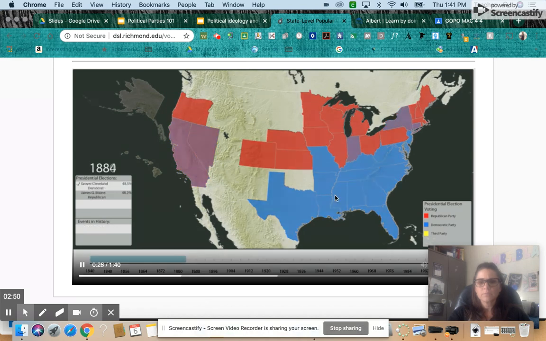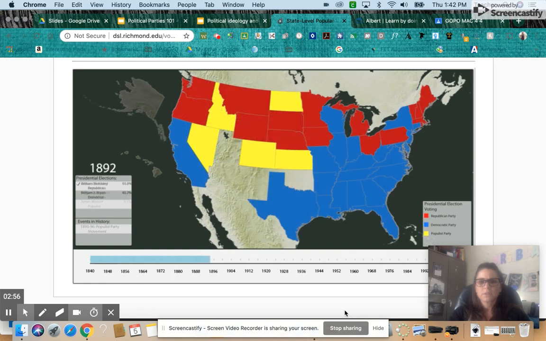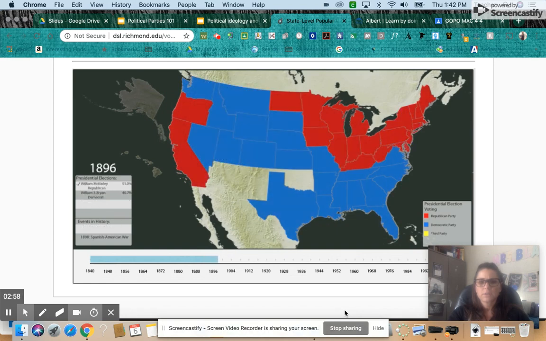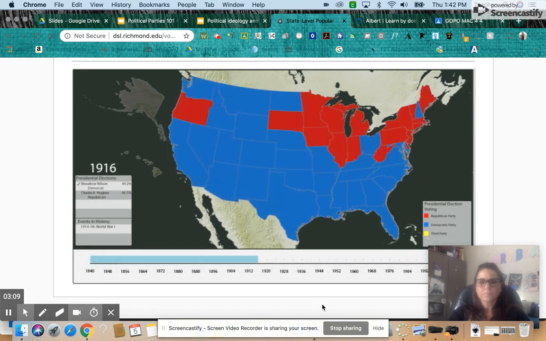So you can see Solid South all through the late 1800s, and now we're entering the 1900s here. Still Solid South. Things are starting to change up a bit.